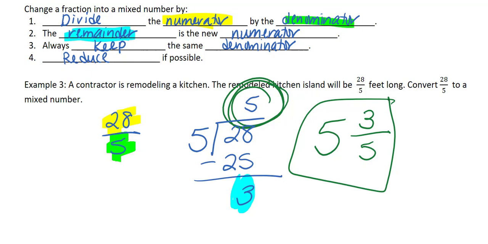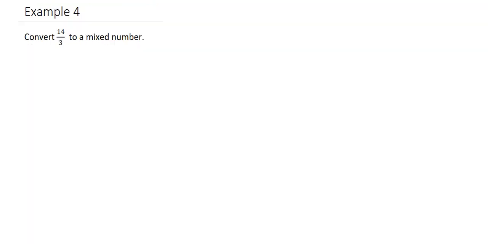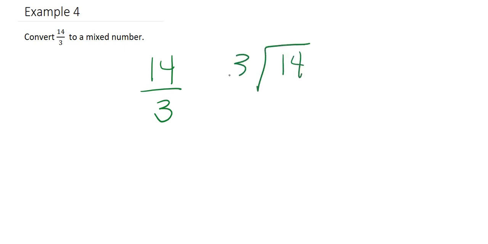Now let's go ahead and look at the next example. So example 4, convert 14 over 3 to a mixed number. So 14 over 3, what we're going to do is take this numerator and divide it by the denominator. 3 can go into 14 4 times, because 3 times 4 is 12. We subtract 14 minus 12, well, that's 2. Remember this, we'll put it right here, that's our whole number.